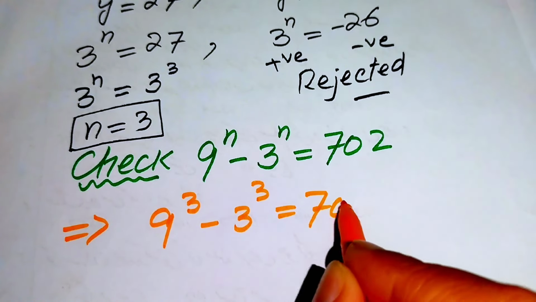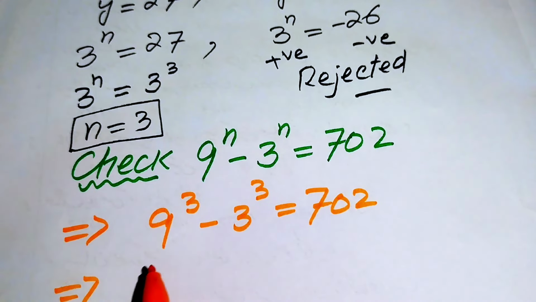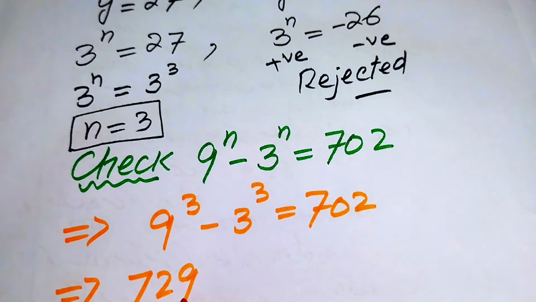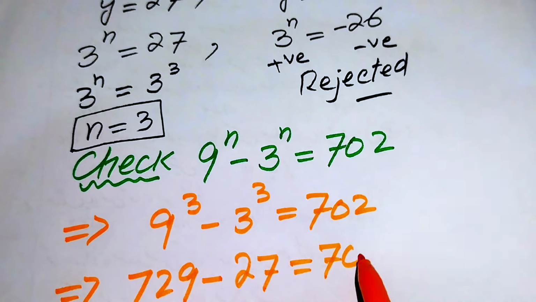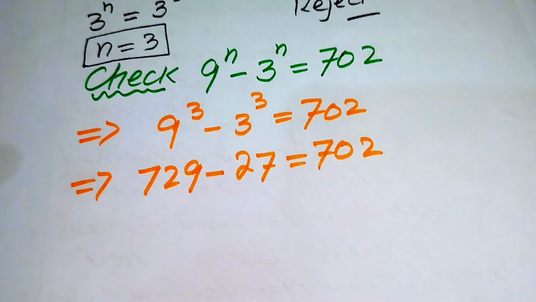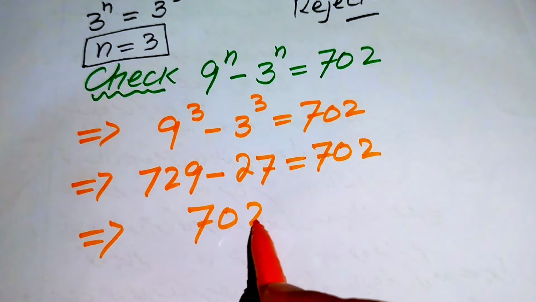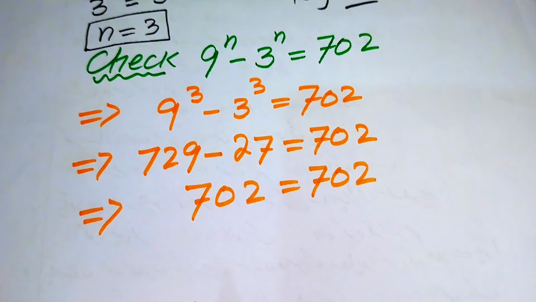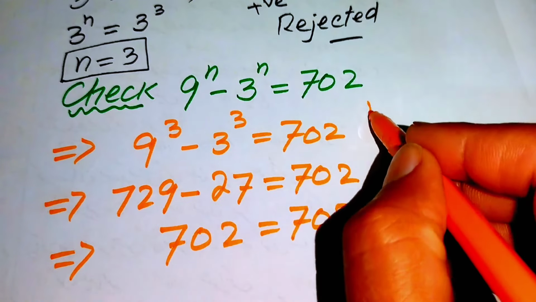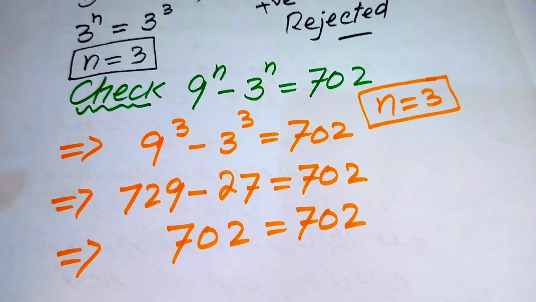You know that 9 cubed equals 729, and 3 cubed equals 27. Now we subtract 729 minus 27, and it equals 702, so 702 equals 702. You see both sides are equal, so n equals 3 satisfies the given question statement. So n equals 3 is the only solution of the given question, and this is the final answer.